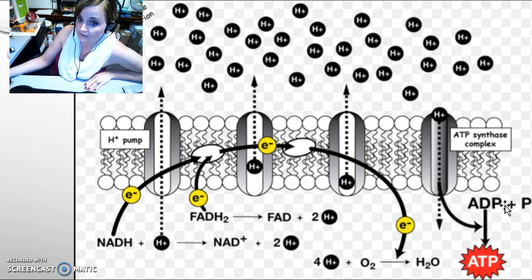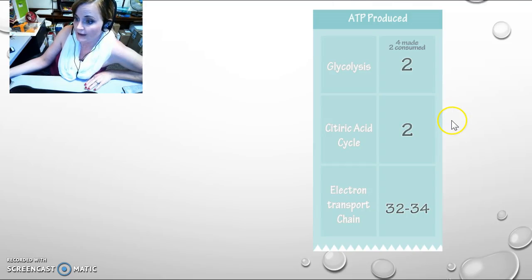And lots of ATP is made in the electron transport chain. In fact, up to 34 net ATP can be made during the electron transport chain.